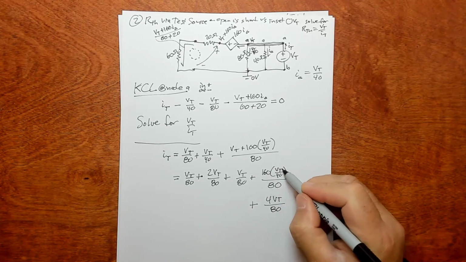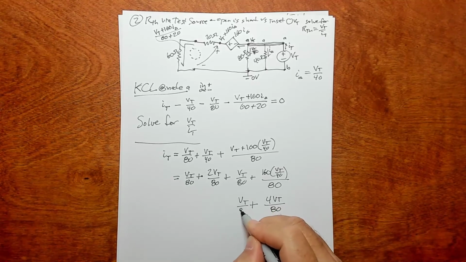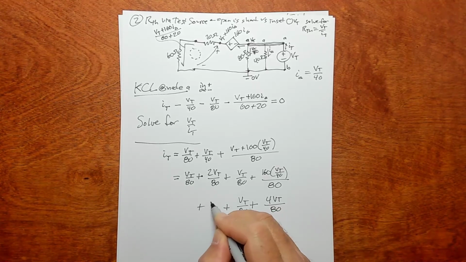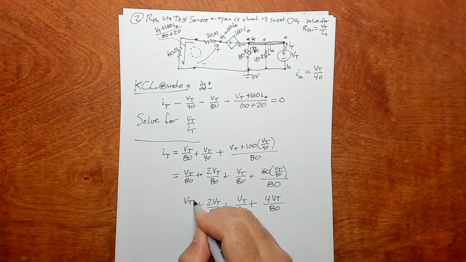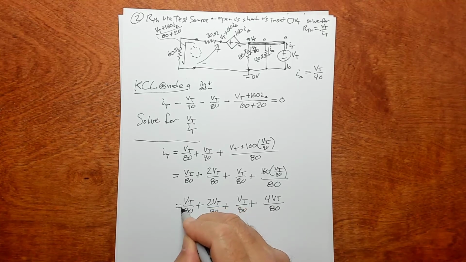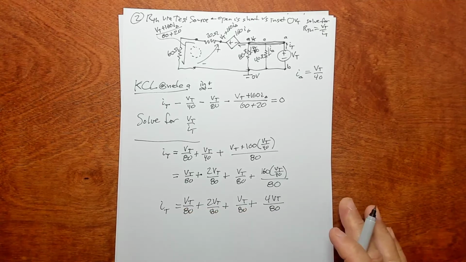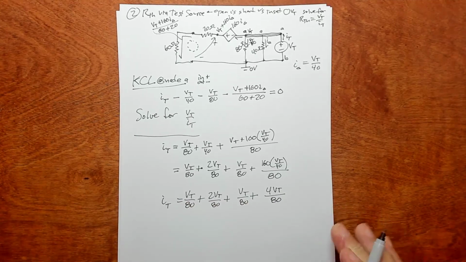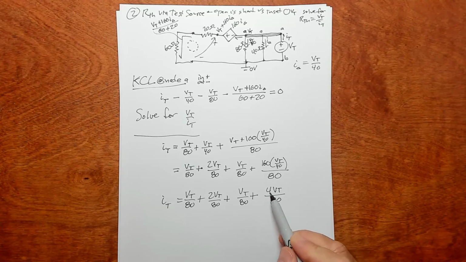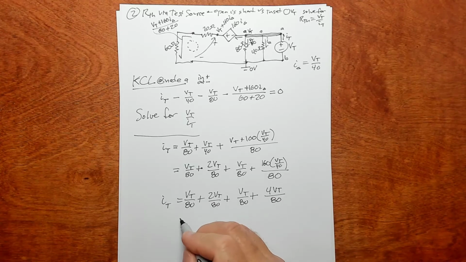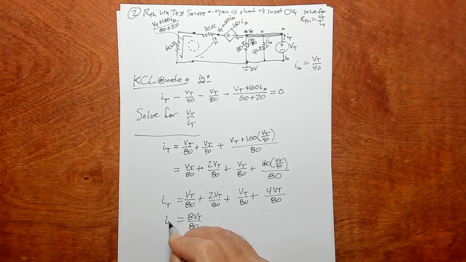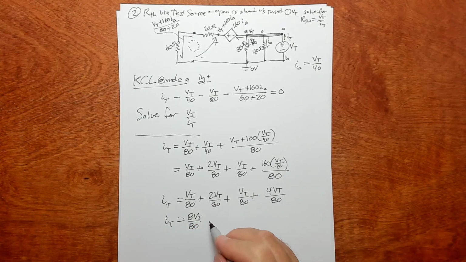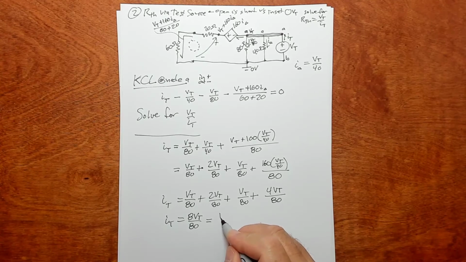This thing turns into 4 VT, and then the other guy is just bringing them down. So I have a whole bunch of over 80s. How many over 80s do I have? I have 8, right? I have 4, 5, 6, 7, 8. So there's 8 VTs over 80, which is just VT over 10.